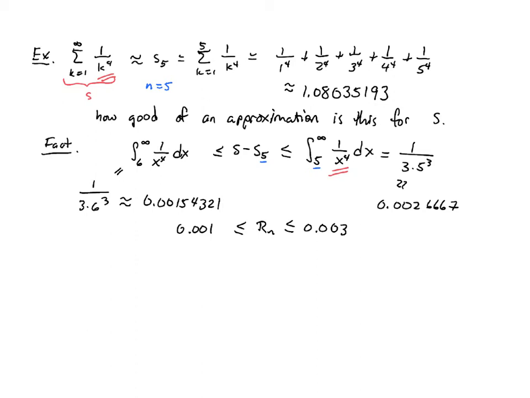Now, there's another formula that we get coming from the previous one that allows us to get even slightly better estimates as follows. So the formula we had before said that the integral from n plus 1 to infinity of f of x dx is less than or equal to s minus sn less than or equal to the integral from n to infinity of f of x dx.